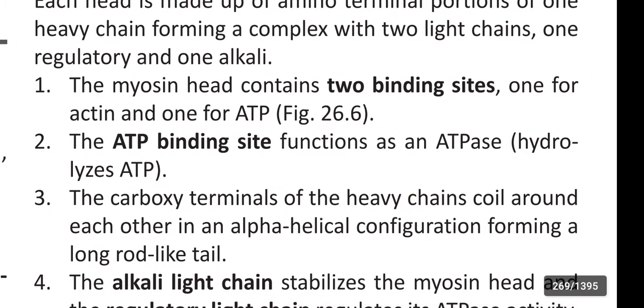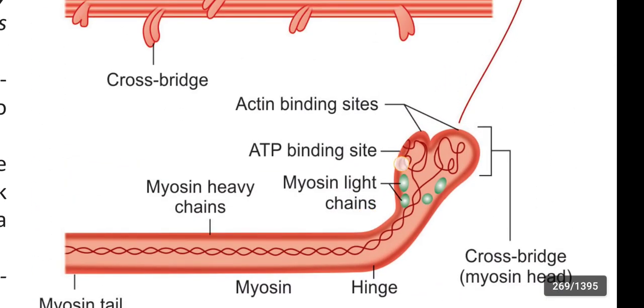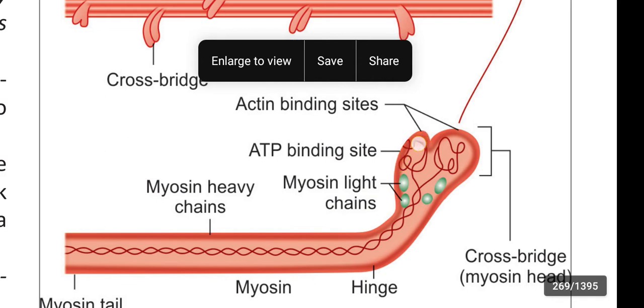Next, the myosin head contains 2 binding sites, one for actin and one for ATP. If you see here, this is the head of the myosin.